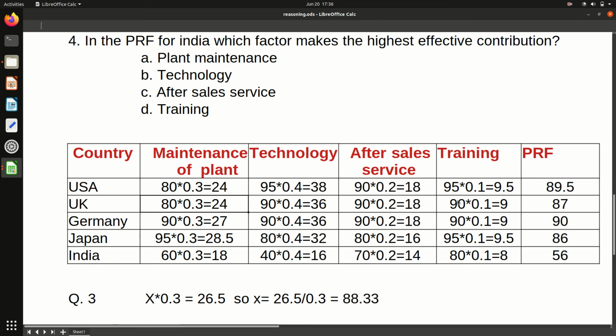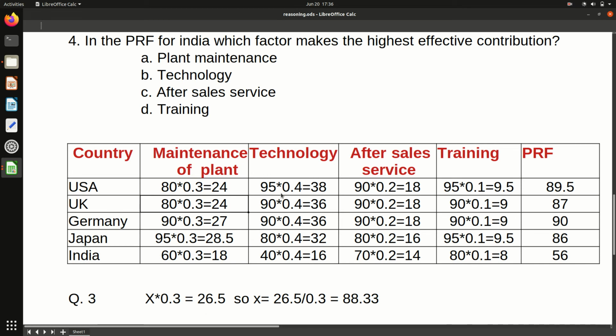But we will not touch training, after sales, or technology. We have to increase the rating of maintenance of plant. So let us suppose the new rating is X, and we multiply by 0.3, and now instead of 24 we want it to be 26.5.